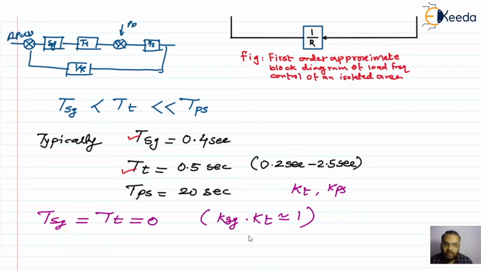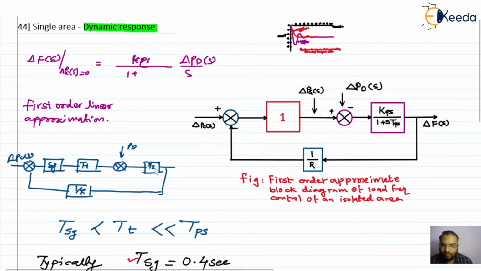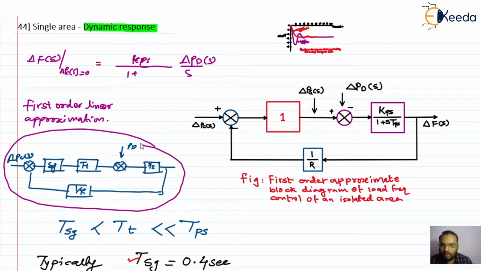Now if we apply these linear approximations, then the block diagram we have here we can reduce to this block diagram. You see, the gain KSG and KT, the product of these two we are making 1.